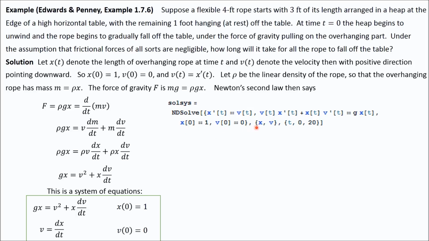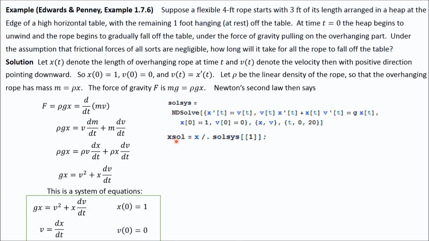Then you declare what your dependent variables are. So x and v both depend on time, and I want a solution as time goes from 0 to 20 seconds. I figure surely the rope will have fallen off in 20 seconds, so I thought 20 was safe to put in as my upper bound.